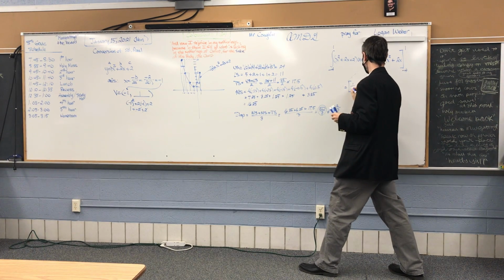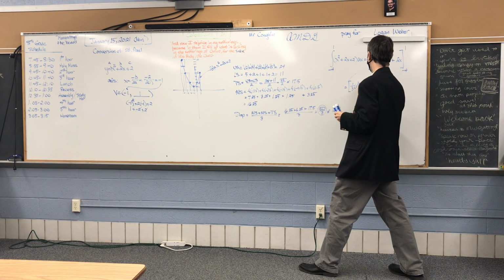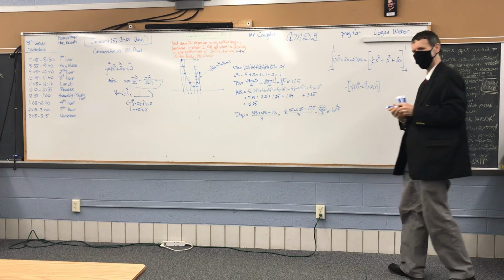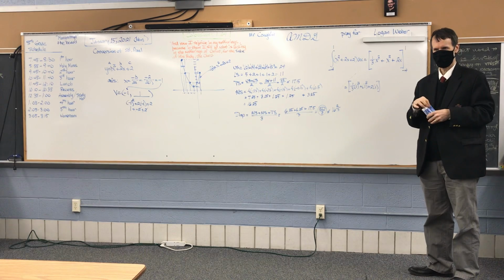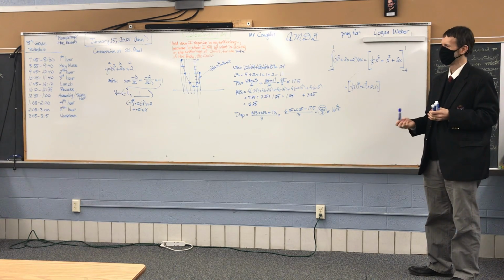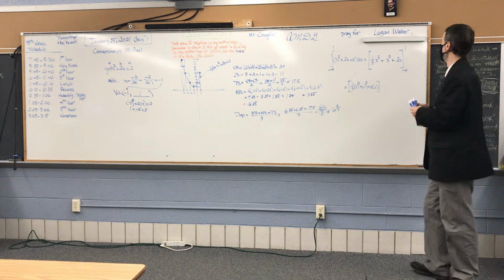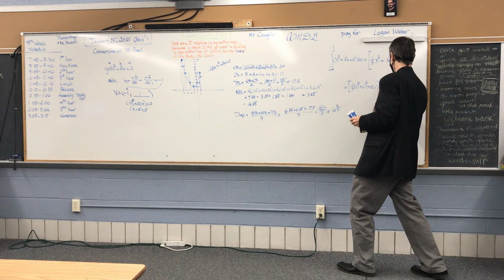So it's going to be 1/3 of 1 cubed plus 1 squared plus 2 times 1. Now what? That minus the equation at -4.